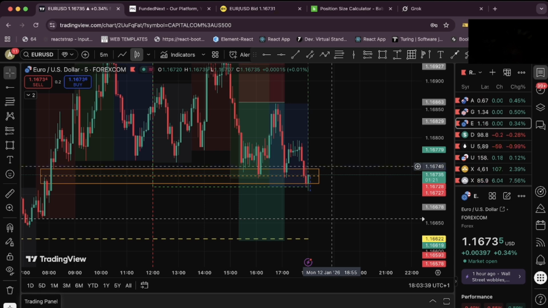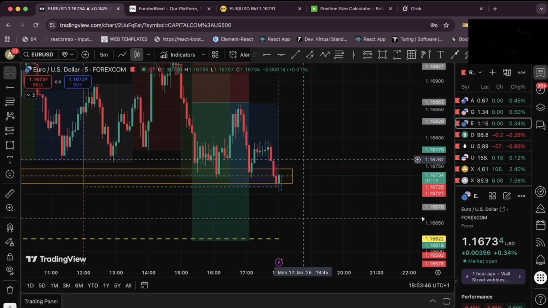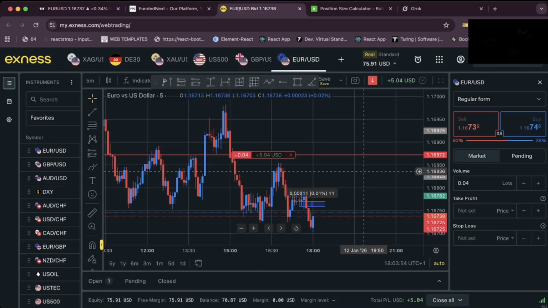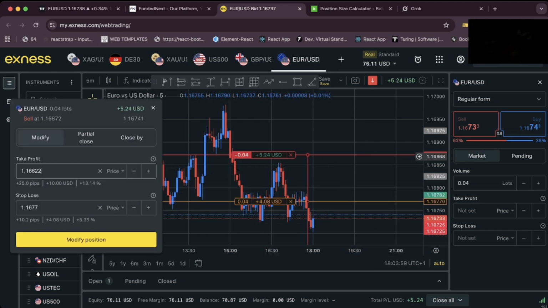That is the reason why I moved my stop loss all the way from BE, which is break even, to the last high of this candle there. If I go to my XNS, you will see it here. If you click on this, you see where my stop loss is at. So my stop loss now is in profit.